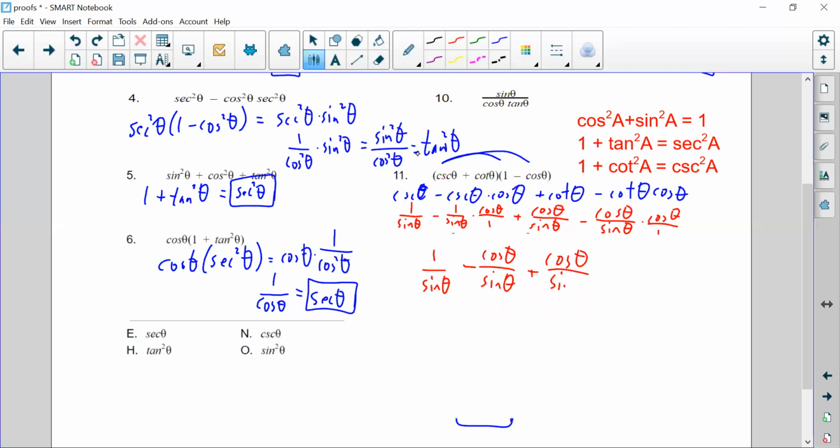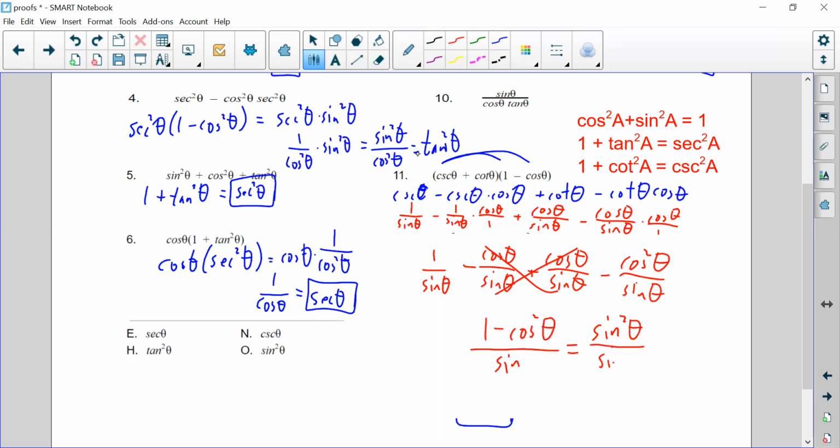Oh, those 2 cancel out. That's nice. Minus cosine squared over sine. So those 2 fractions become 1 minus cosine squared over sine. 1 minus cosine squared is the same thing as sine squared. One of those sines cancels out, leaving with 1 left over. So that is number 11.